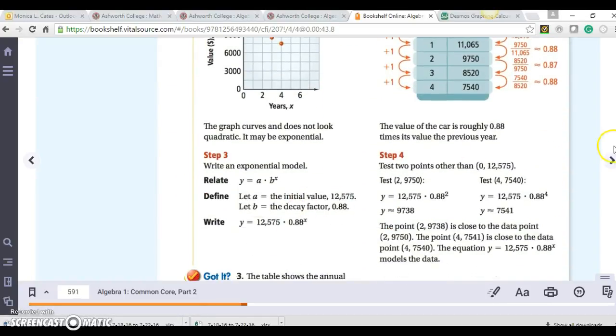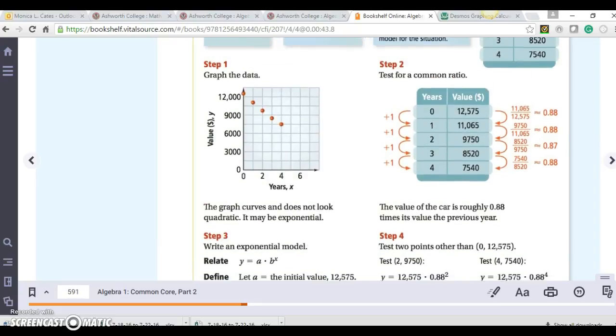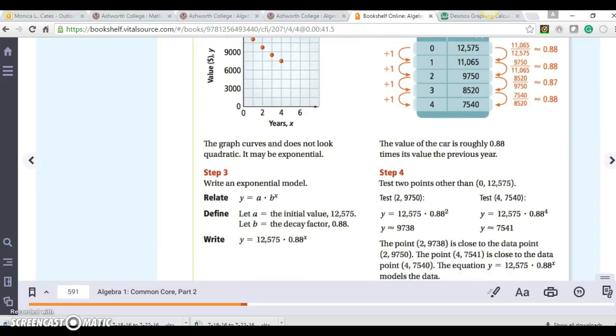A is the initial value, and that was 12,575, and B is the decay factor, which is 0.88. And so my equation will be y equals 12,575 times 0.88 to the x power.